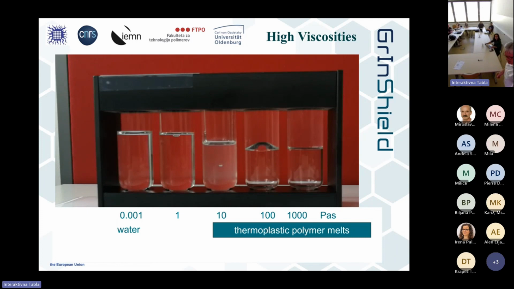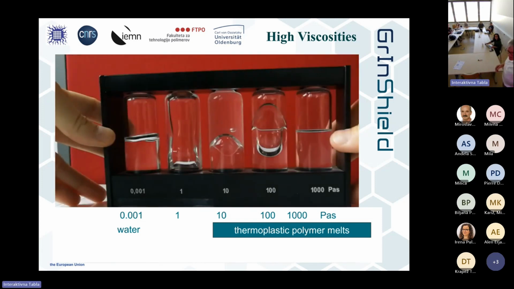But here we have our thermoplastic melts. It starts to ramp down now after this time. And here it is on the upper side. And the zero shear viscosity of the polymers is 1,000, for rubber materials 10,000, 100,000.